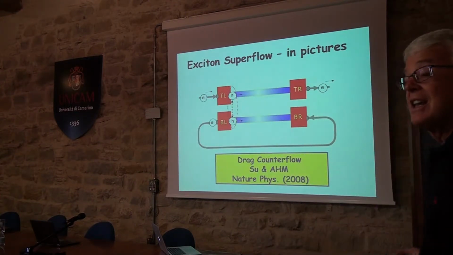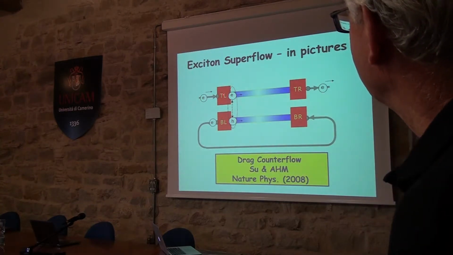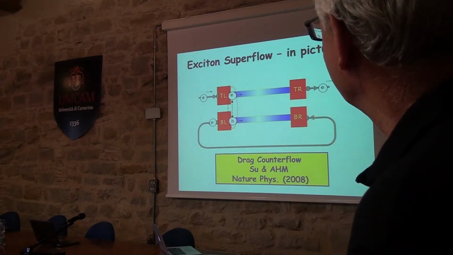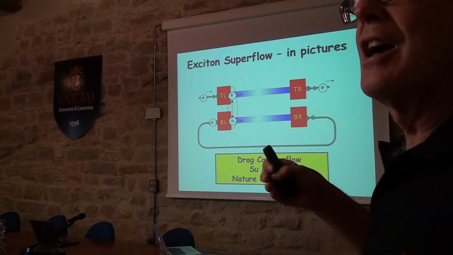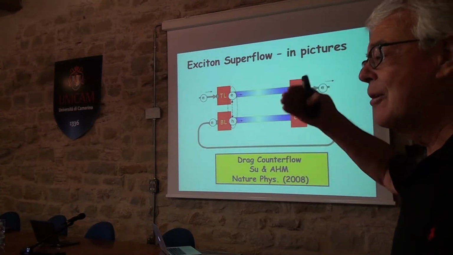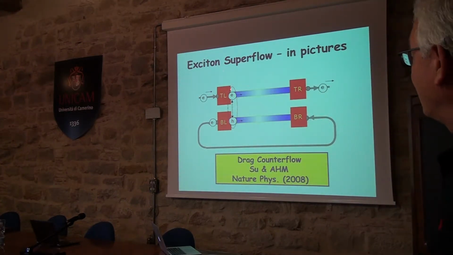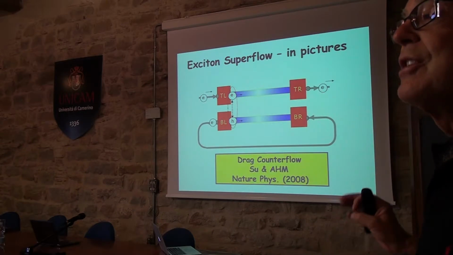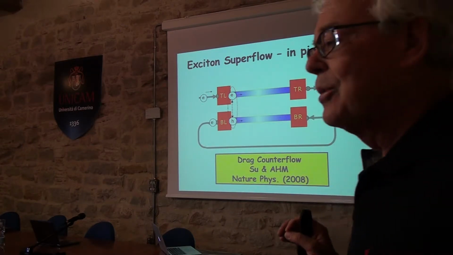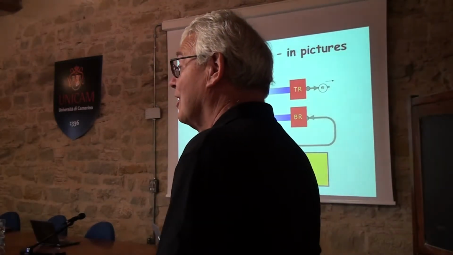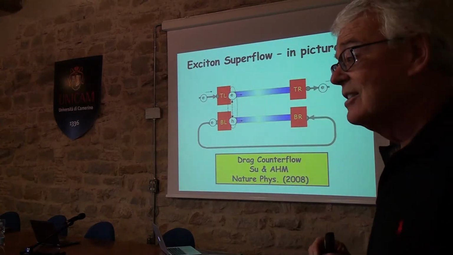Okay, so similarly in these bilayer exciton condensates, labeled here top and bottom for the two layers, left and right is really outside to inside of a Corbino ring. And in that experiment, it turns out in these quantum Hall systems you can adjust the degree to which particle numbers are conserved separately in the two layers.